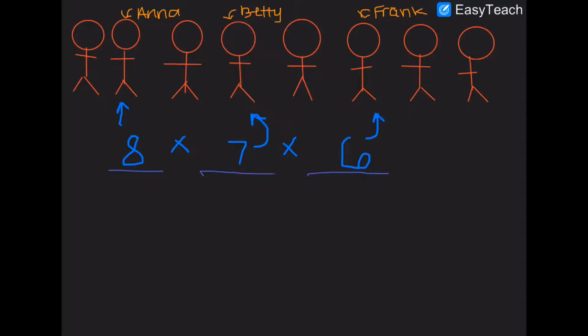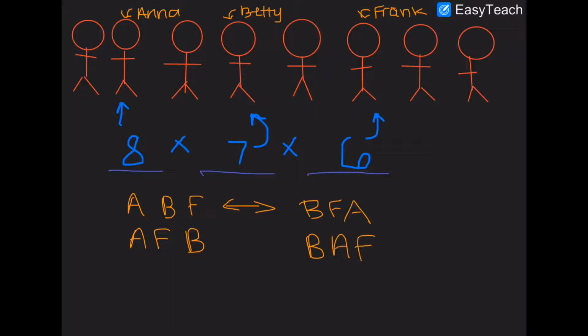But we did say order doesn't matter, because when we think about it, picking Anna, Betty, Frank is the same as picking Betty, Frank, Anna. In fact, there's exactly 6 ways that you can pick them, but all of them are just essentially picking the same group of people.